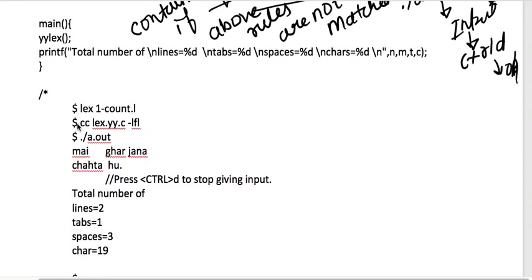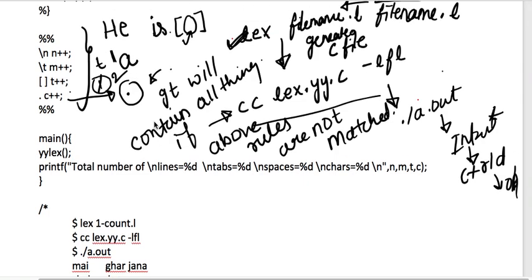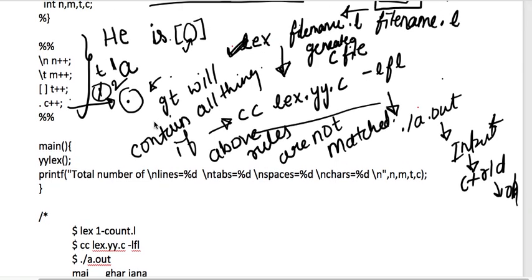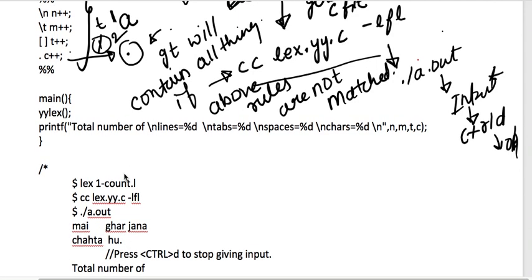Okay, see what happened. Lex space, this is your file name dot l, the extension we have saved like this. Then cc space lex dot yy dot c. Your second homework is this: the C file will be generated after running this command, and you have to find out where your C code is in your system.